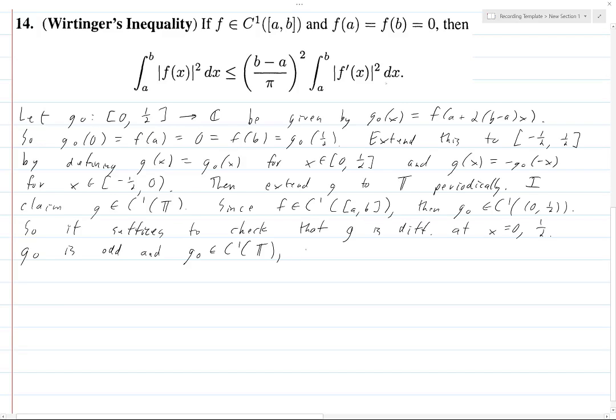Well, let's keep going and then see how this works. The limit as x goes to 0 from the plus side of g of x over x is equal to the limit as x goes to 0 from the plus side of g naught x over x, because they're equal.